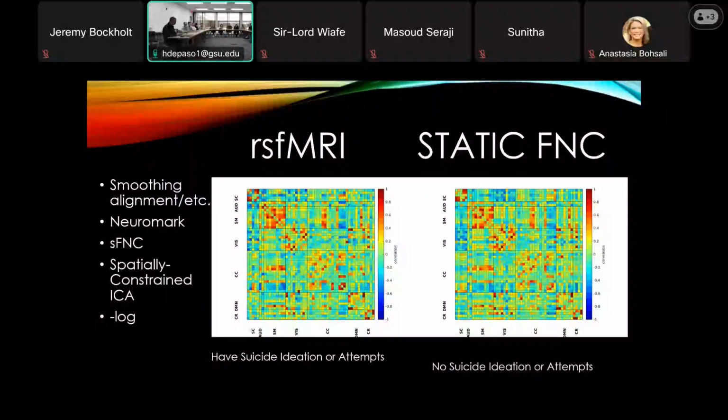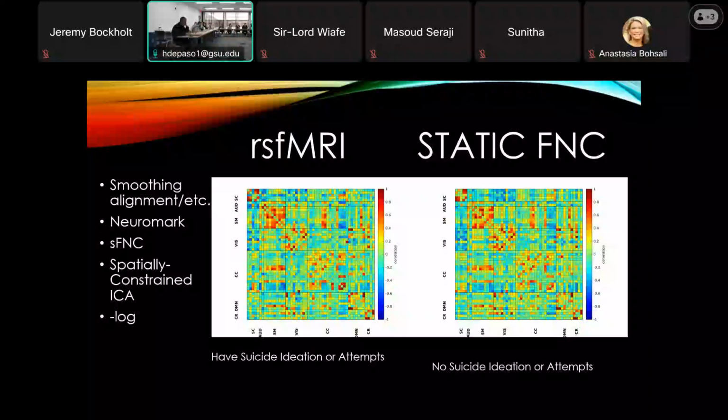Into the imaging process, we did look at the resting state fMRI. Each scan was smoothed and realigned using interpolated images. We then applied the Neuromark ICA, which, as everybody here probably knows, is an algorithm essentially used as a source of reliance for spatially independent templates with time that is not independent.